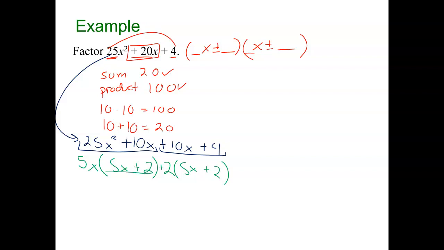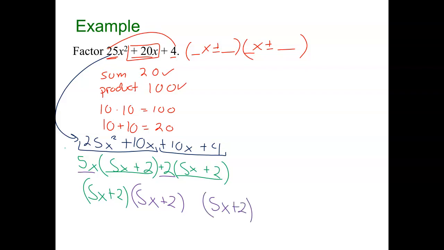So these are the same, so that's one of my factors, 5x plus 2. And then I take the other 2 terms, which also happen to be 5x plus 2. And then when I have the same factors twice, how do I simplify that? 5x plus 2 quantity squared.